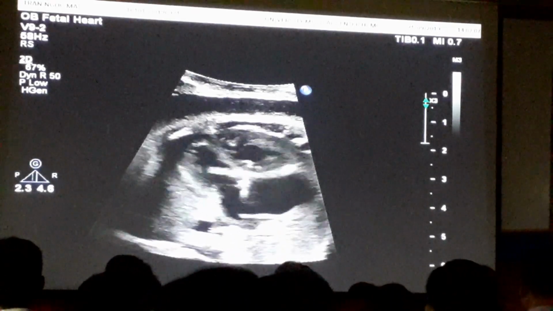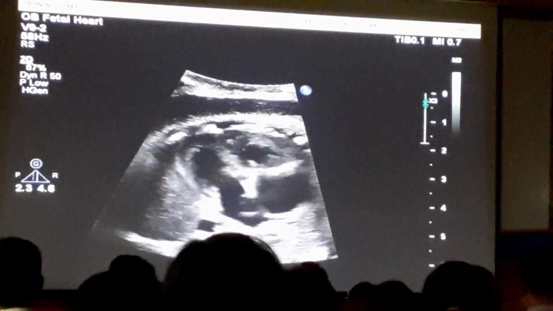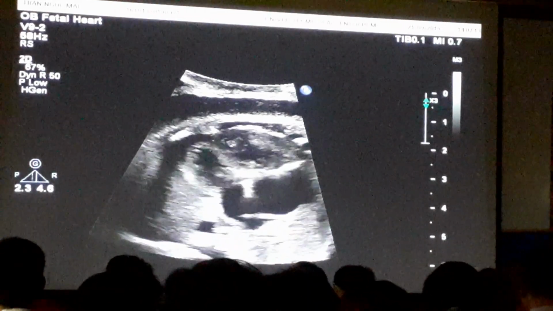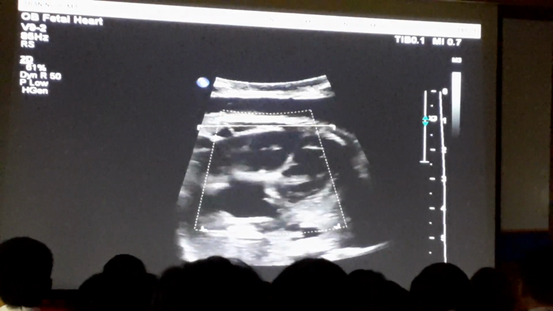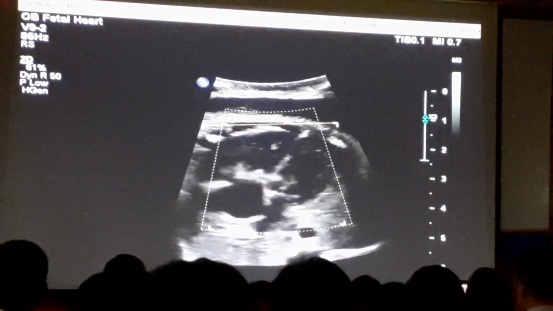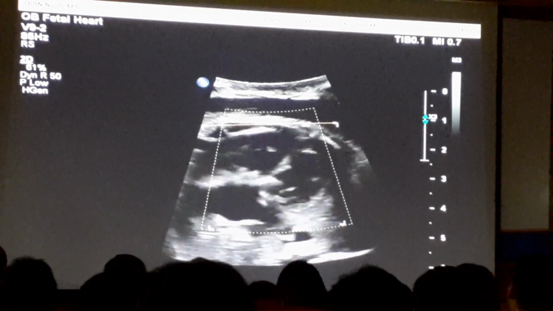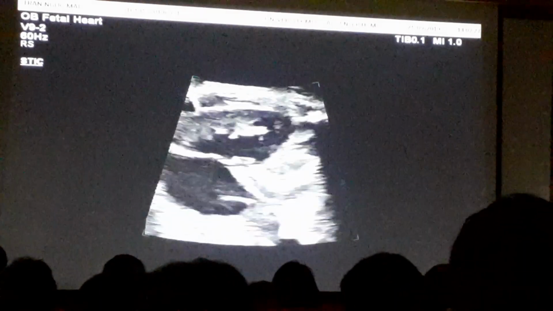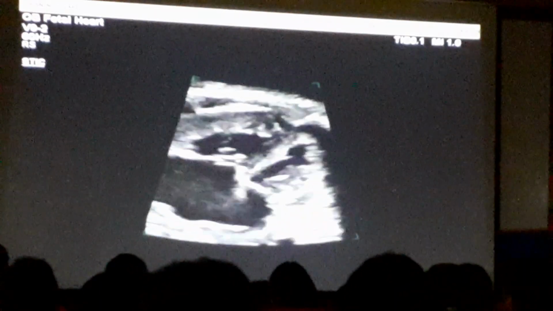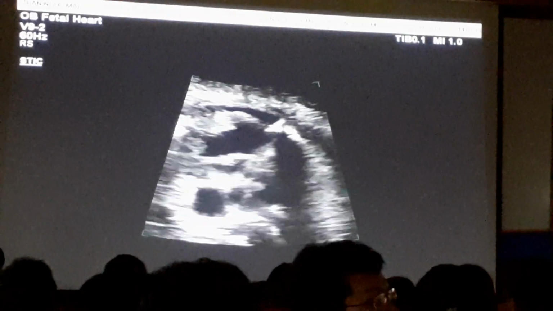Do you want to try the 3D? Okay. Yeah. The fetus is lying in a pretty good position now, so I'm going to let the applications people show us some of the other capabilities of this machine.